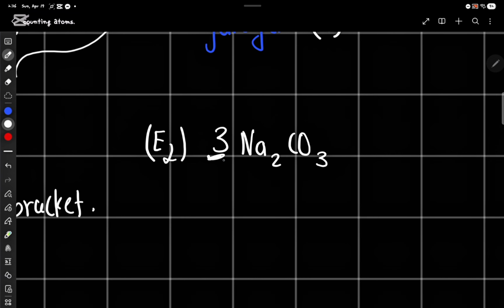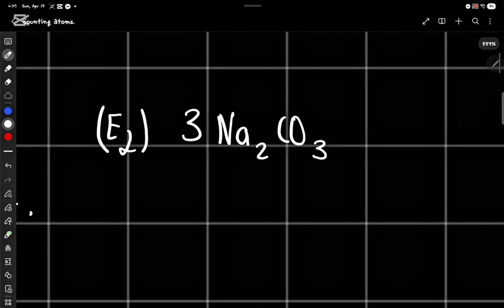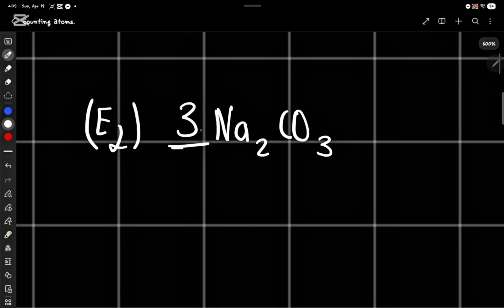When we have a coefficient in front of many compounds here, you can also distribute it to each of the compounds behind it. Most people get confused in this by assuming that this 3 belongs to the Na only, and they don't distribute it to the CO3, which is wrong. You pretend there's a bracket in between them, and you distribute 3 to every single subscript, okay?